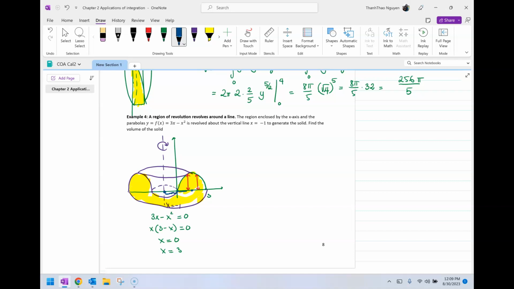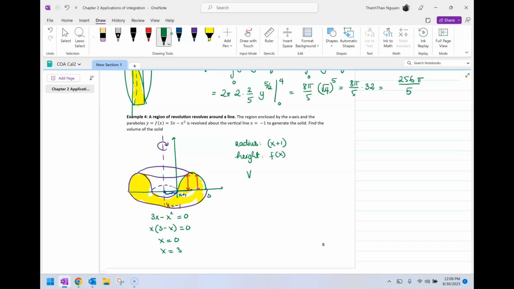And wherever this x ends up to be, this whole distance has to be x plus 1. So that is our radius. So here we know that the radius is x plus 1. The height is still f of x.